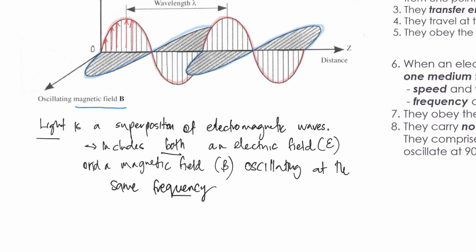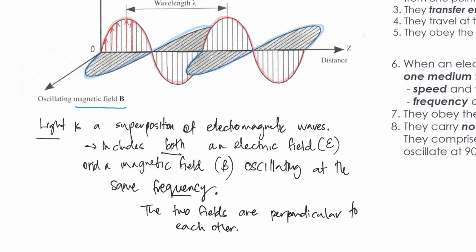Now, some of these words you haven't seen in grade 11 because we don't address them in grade 11. We look at them now in grade 12. So words like frequency, period, lambda, all of those words are going to come through. The 2 fields are perpendicular to each other, and they keep moving together.